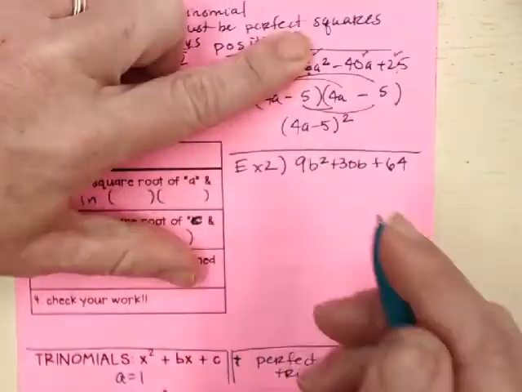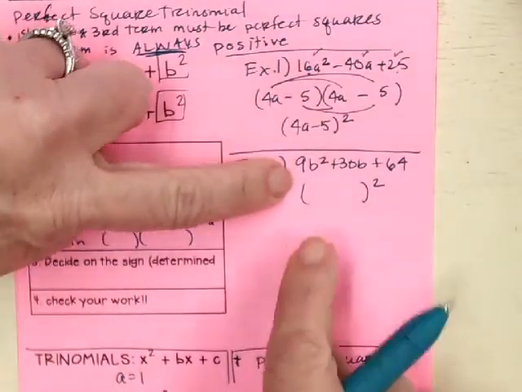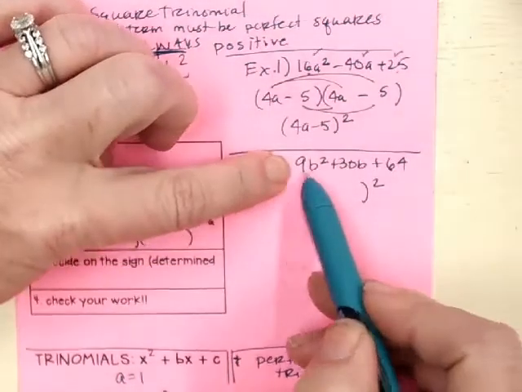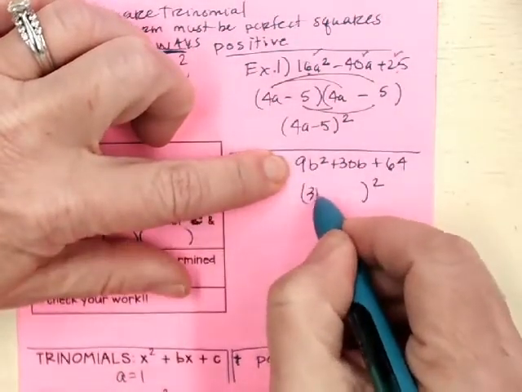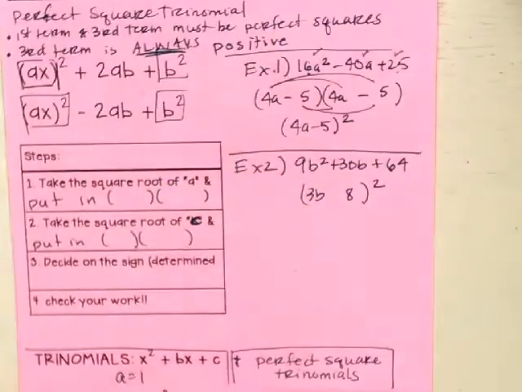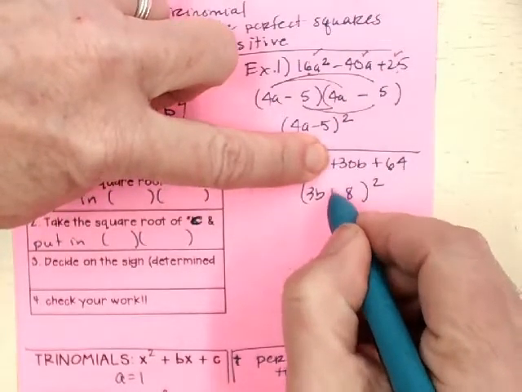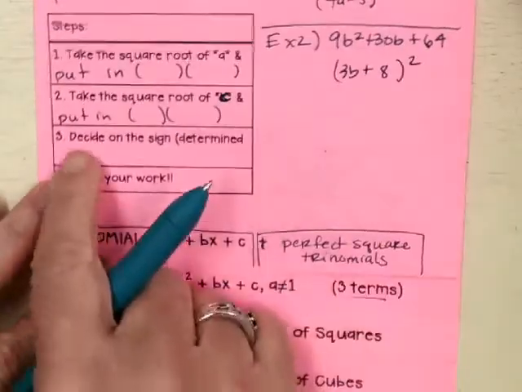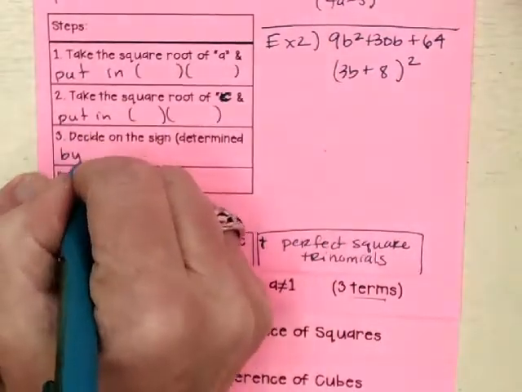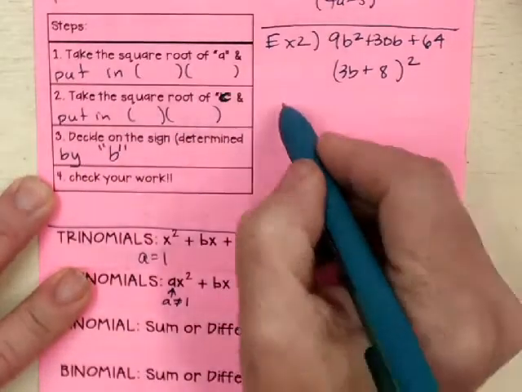Because it's going to end up with the same thing being multiplied by itself, if I take the square root of 9b squared, I get 3b. If I take the square root of 64, I get 8. And the middle determines my sign. I didn't say this, because this got cut off: decide on the sign. It is determined by whatever is on the b. And that's your answer.